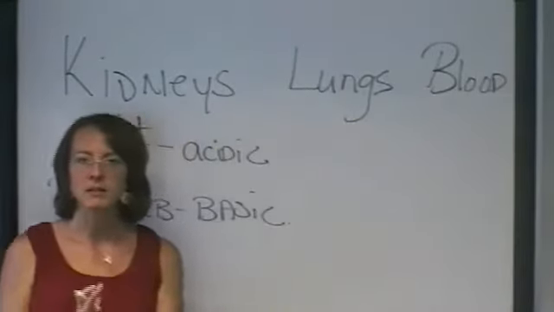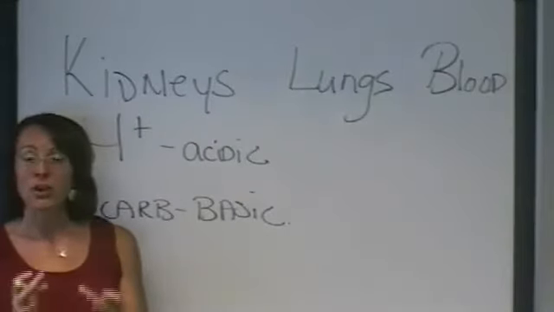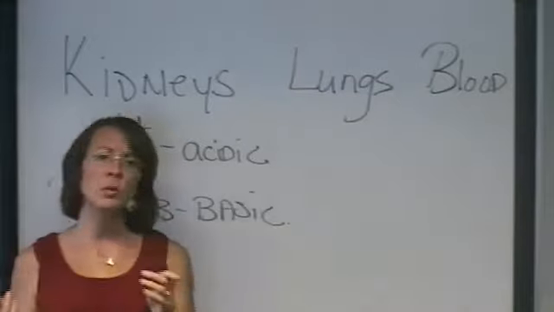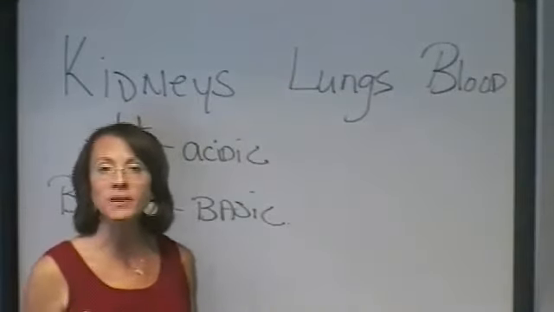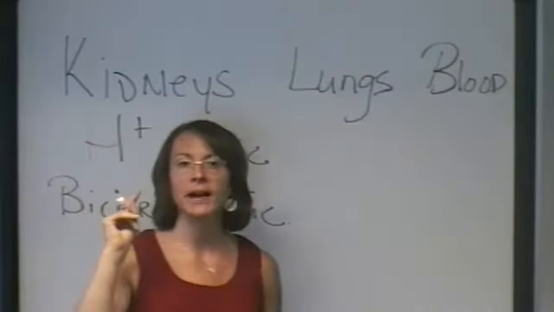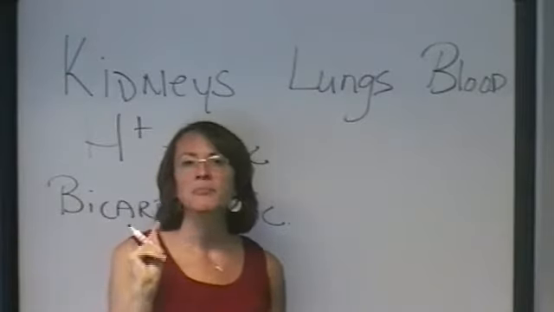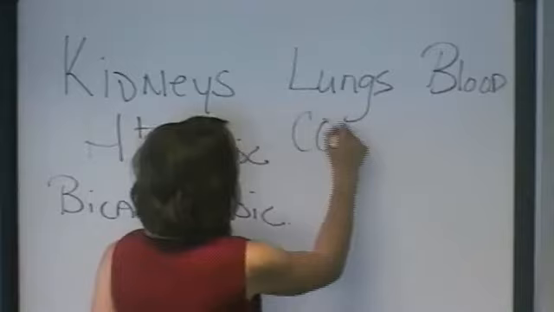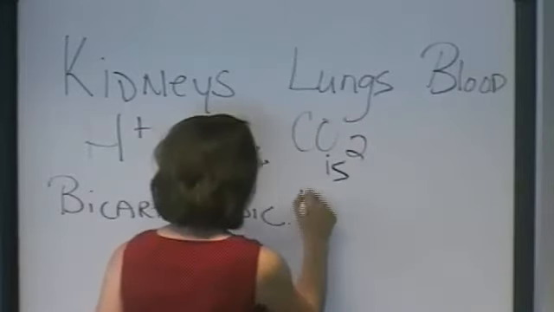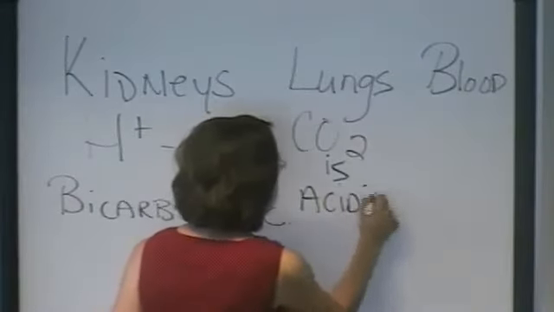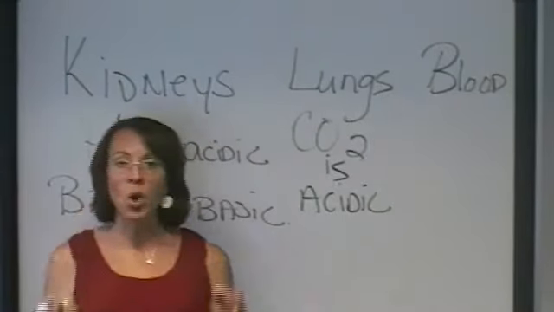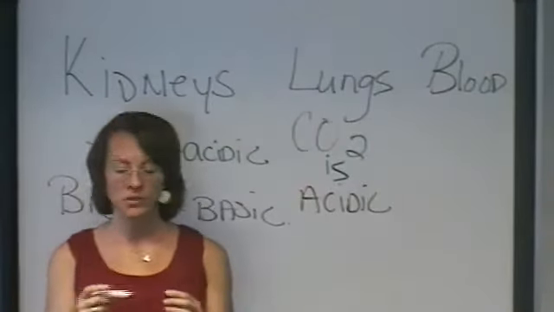So kidneys. Lungs. The only substance that we will deal with in the lungs when it comes to acid-base is going to be carbon dioxide. Put this in your head. Carbon dioxide is acidic. That is the only thing we're going to talk about in the lungs.